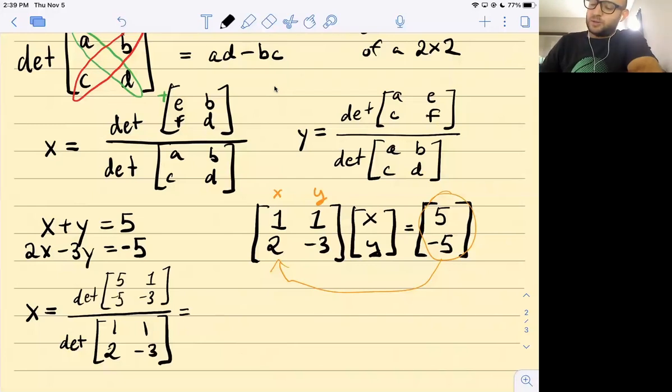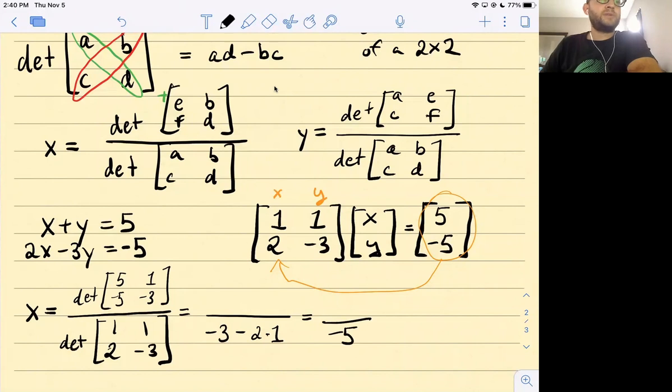Okay, so the determinant on the bottom is going to be 1 times -3, which is -3, minus 2 times 1, which is just -5. So the determinant on the bottom is -5. Are there any questions so far on any of these steps?